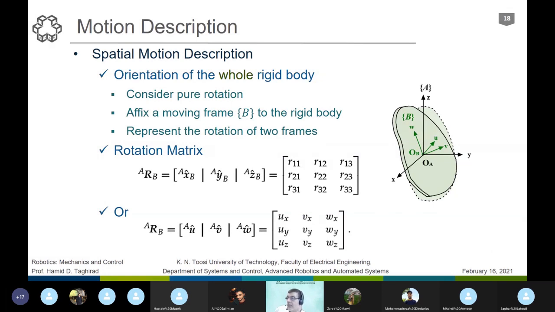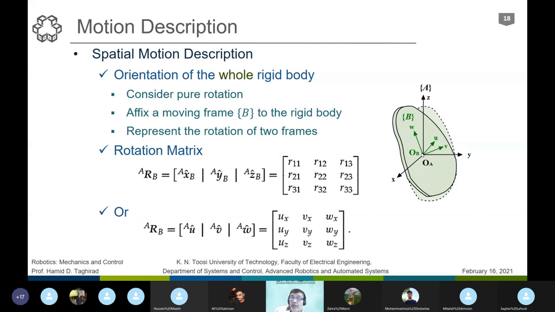We have a fixed frame here. The robot or rigid body has its frame, and now it is moving to another frame here. As you see, the green one and the black one have some sort of representation. We call this representation the rotation matrix.